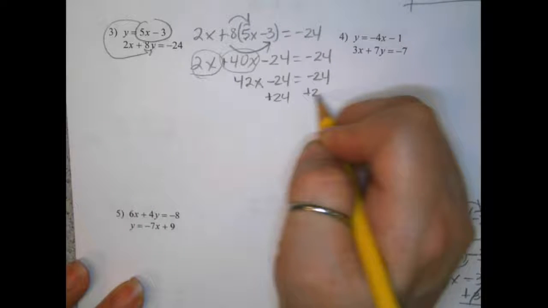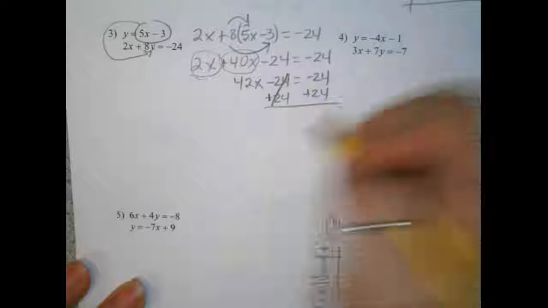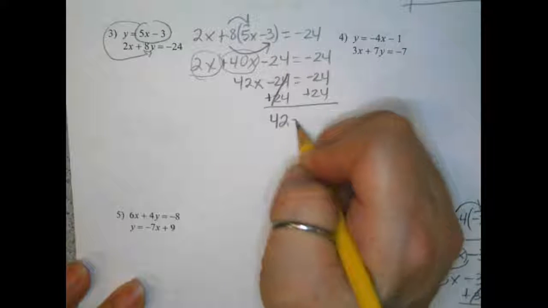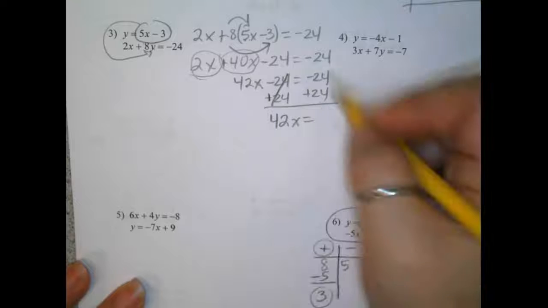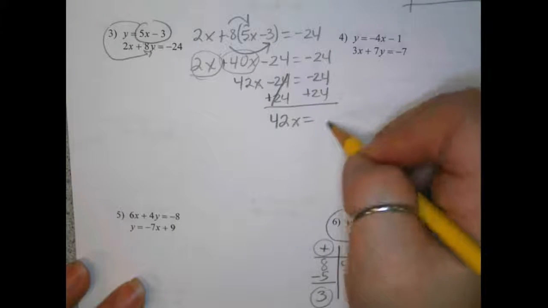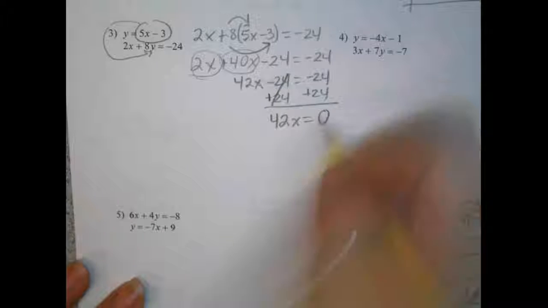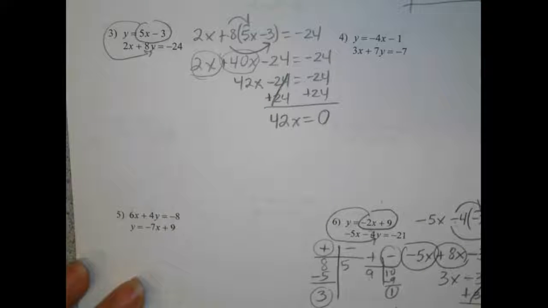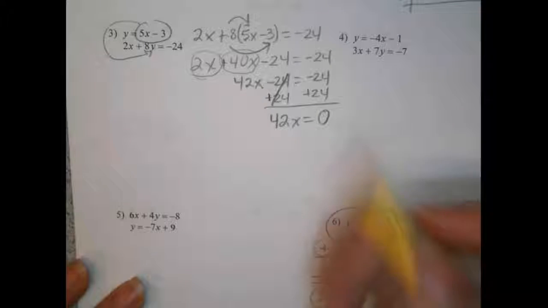Plus 24 on both sides. So this is 0. Bring down my 42x is equal to, oh, look what happens on this side. What is negative 24 plus 24? Now I'm going to use 0 as a placeholder, which makes my next part super easy.